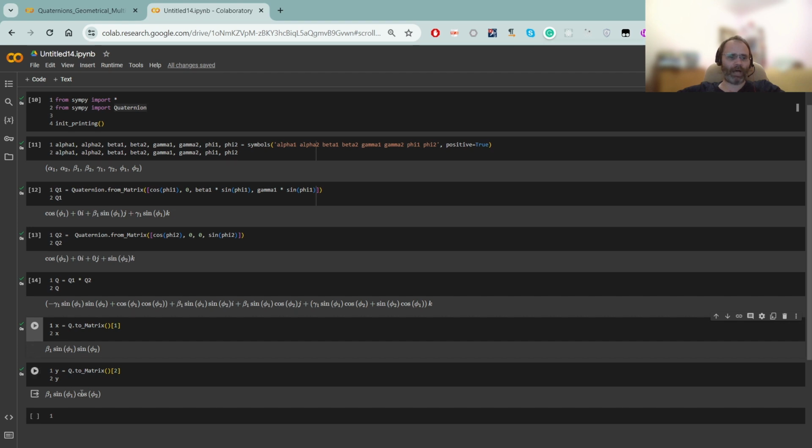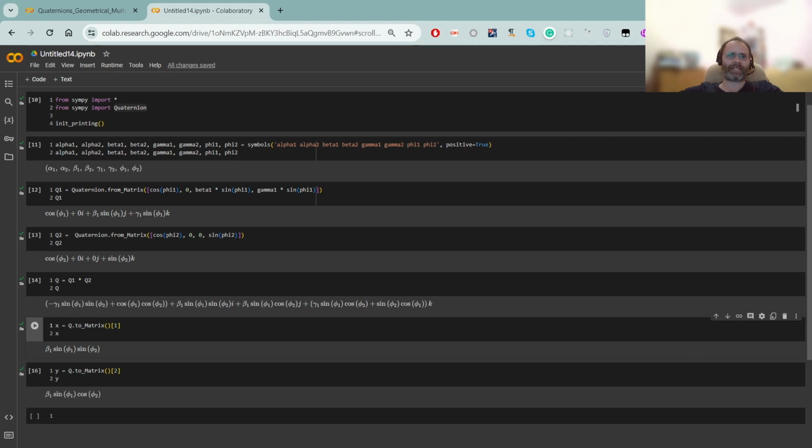And x and y differ only by some coefficient. So x and y will lie on the same line. That is, the projection of the resulting quaternion on the xy plane will lie on a straight line.